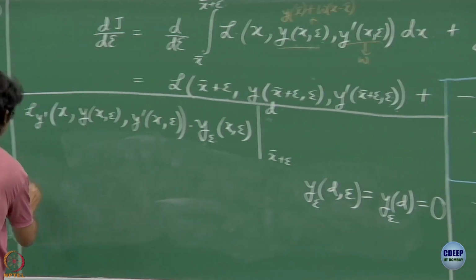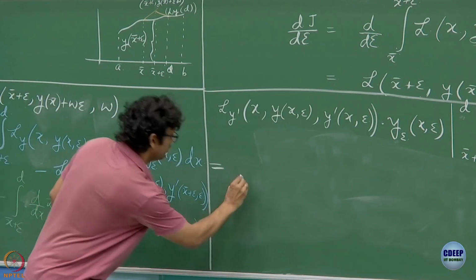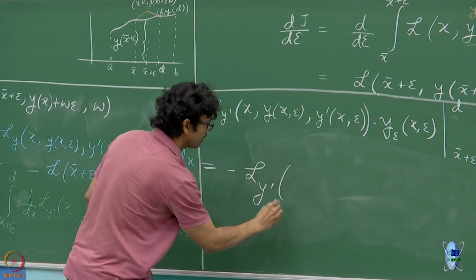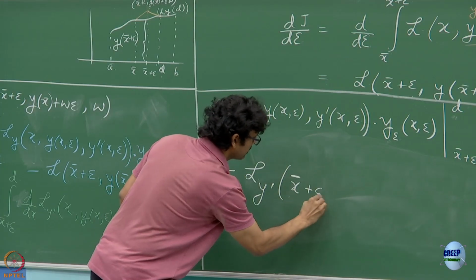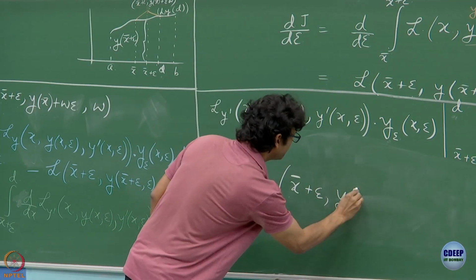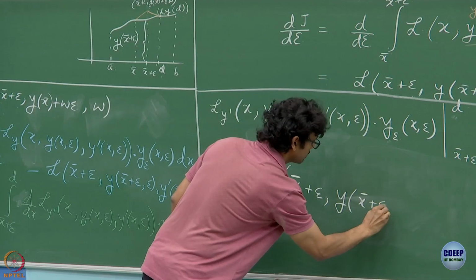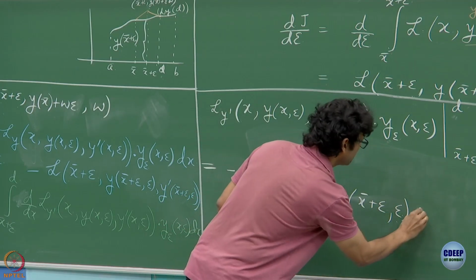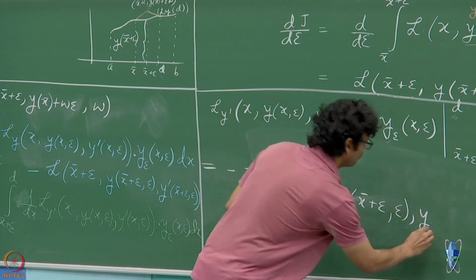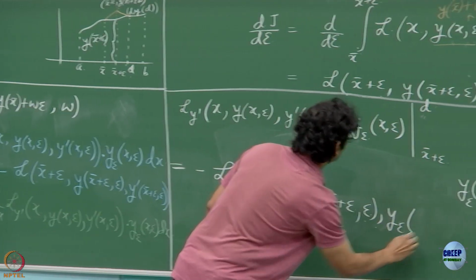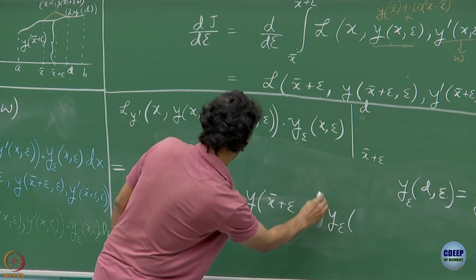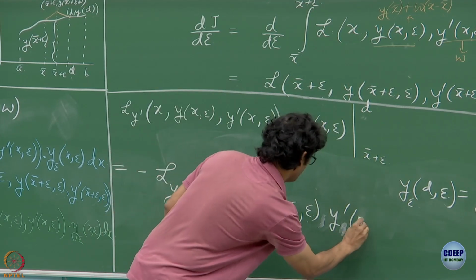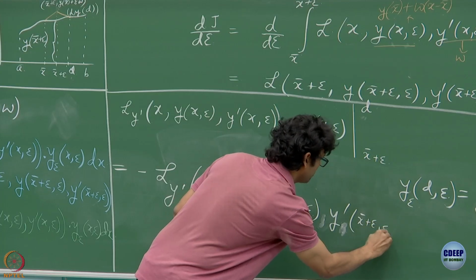So this in fact just boils down to minus L_y' at (x bar plus epsilon y(x bar plus epsilon, epsilon), epsilon) multiplied by y_epsilon at (x bar plus epsilon, epsilon).